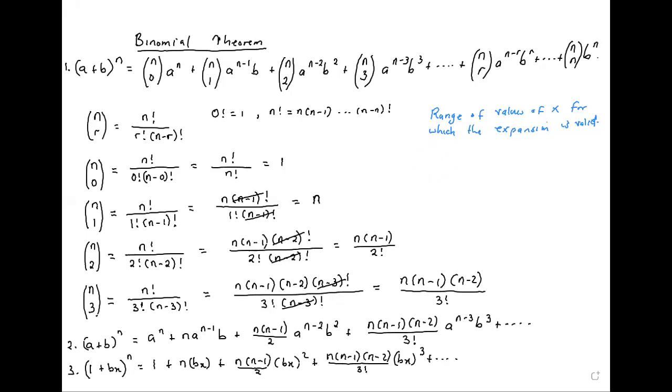So when you're talking about the range of validity, we are talking about an expansion in the form of a general form, say (a + bx) to the power n. For which values of x would this expansion be valid, given that a and b are constants?